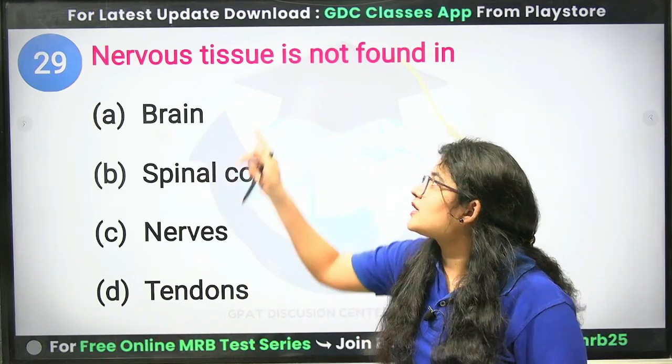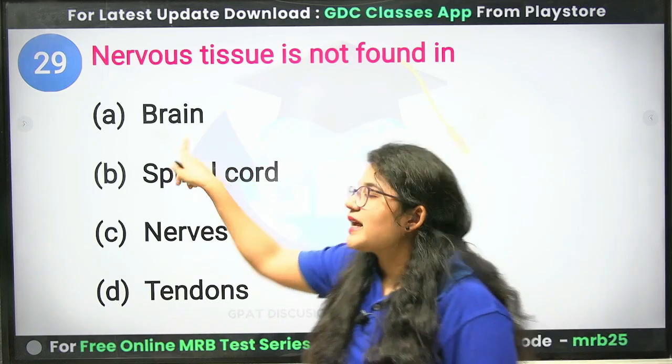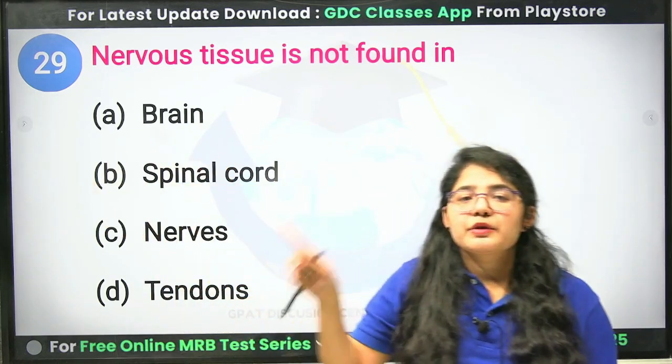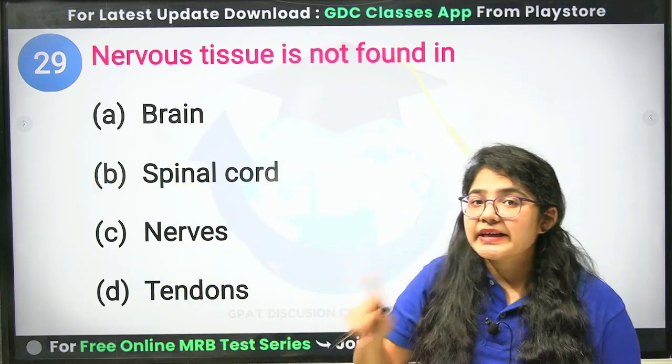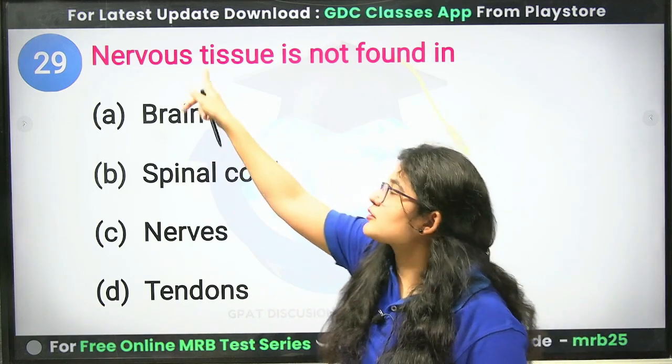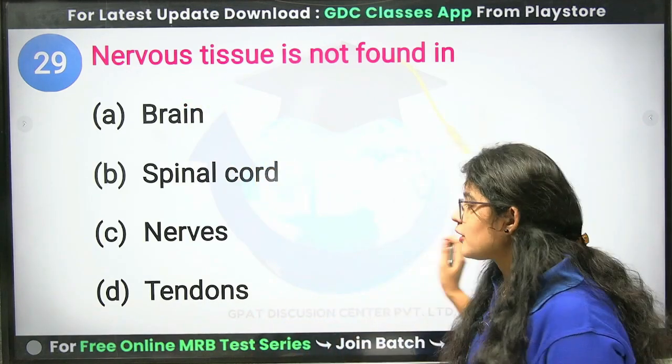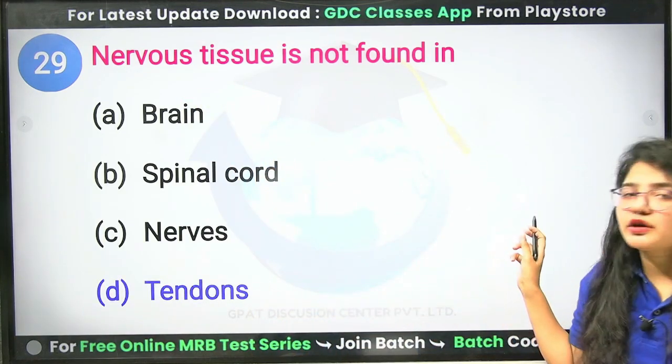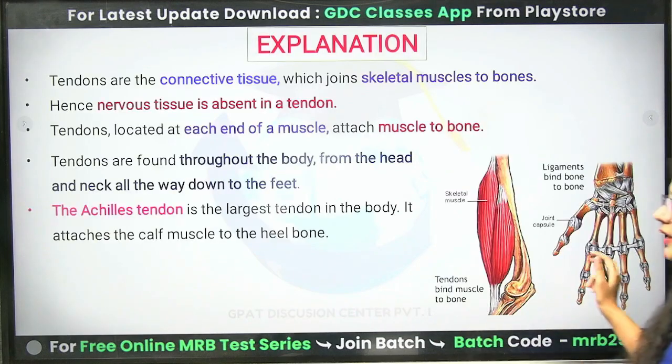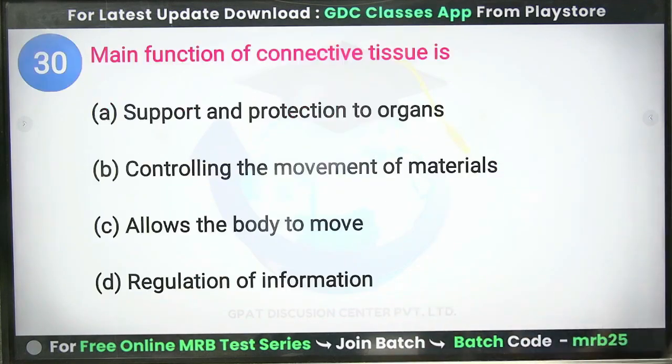So spinal cord is a type of nervous tissue. Brain itself is responsible for control and coordination and contains the nerves. So that is also in your nervous tissue. So what is not a type of nervous tissue is your tendons. Clear? Okay. Next question and the last question.